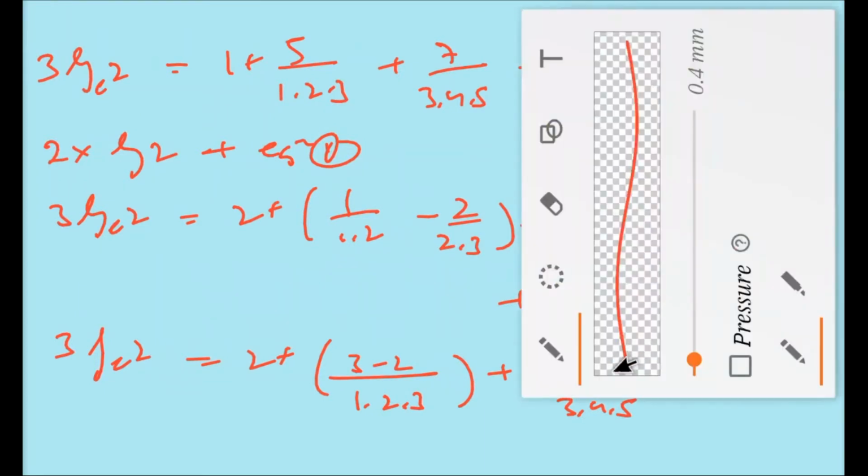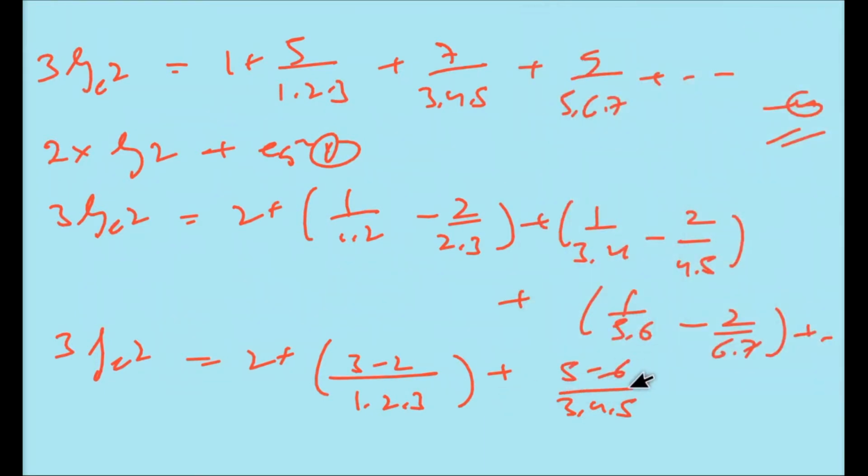Similarly, if we take the LCM of 5, 6, 7, we get 7 minus 10.